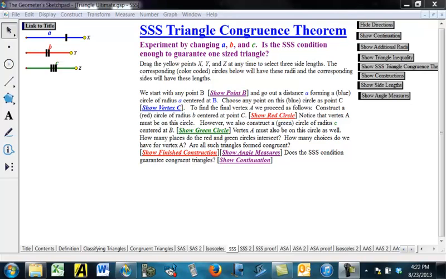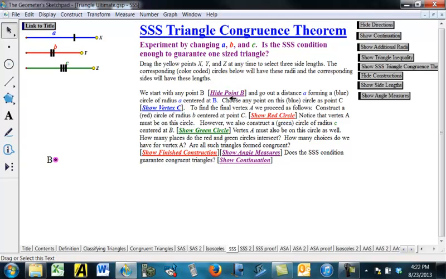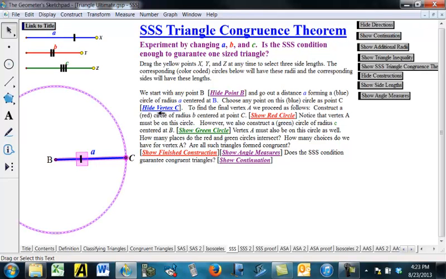In this particular one, we can investigate by the three side lengths given by these sliders up here, side lengths A, B, and C, which will be color-coded blue, red, and green, and marked with 1, 2, and 3 little marks respectively. So if we want to make our triangle, we start at a point B, and then we go out a length A from that.